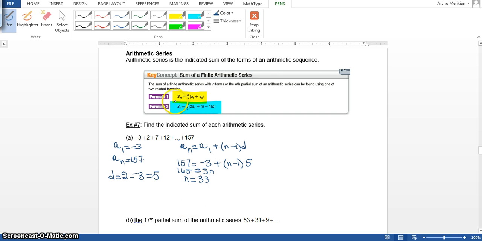Now that I have N, I can easily use formula number 1 to solve this.